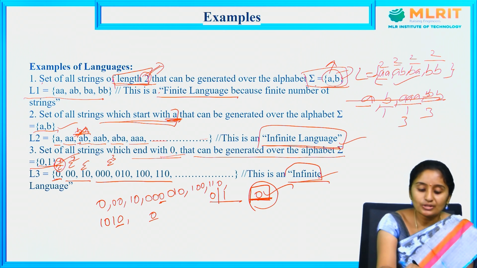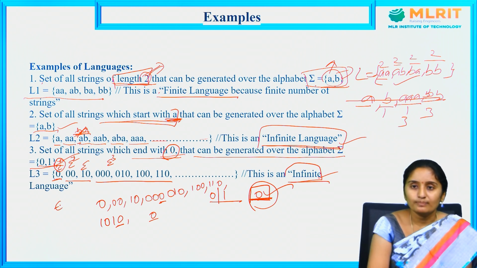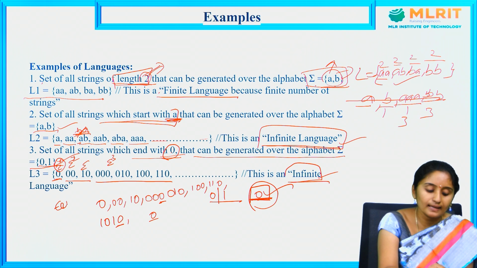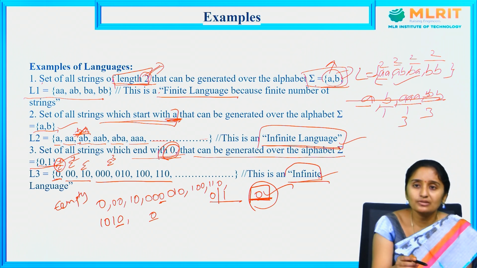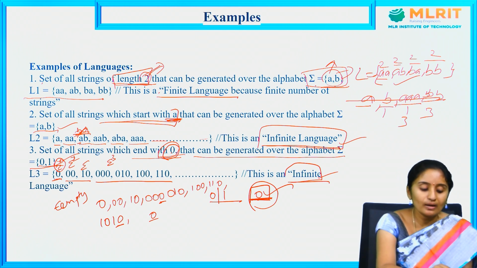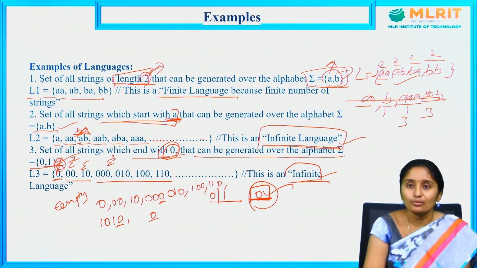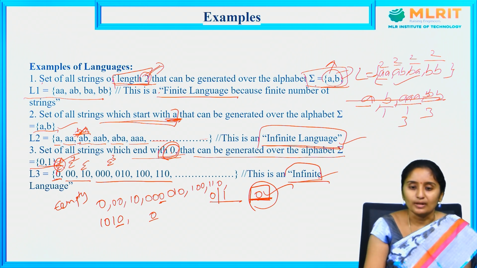Because it should end with 0, and there is no epsilon in my question. The empty string is not accepted. It should have some string, not of 0 length. That is the reason we are not considering sigma power 0 here. So it is nothing but the closure only. So these are a few examples of languages.